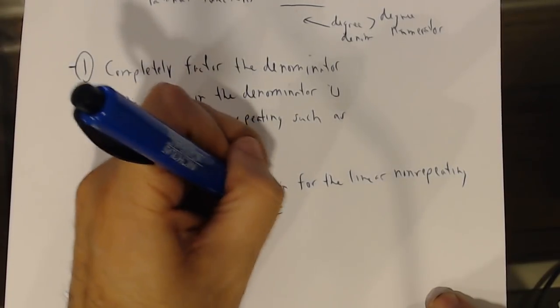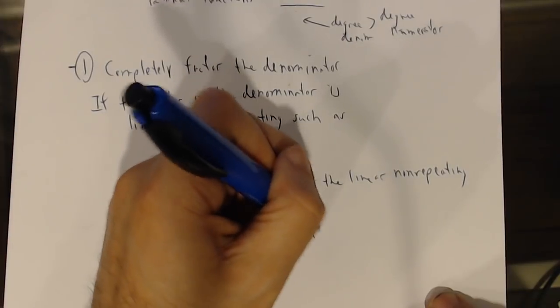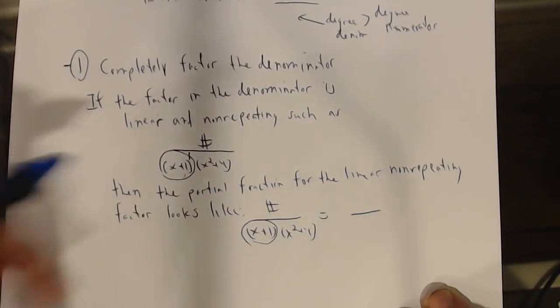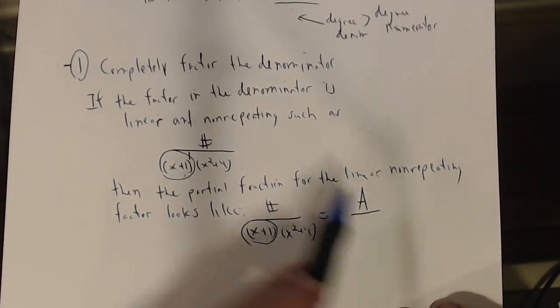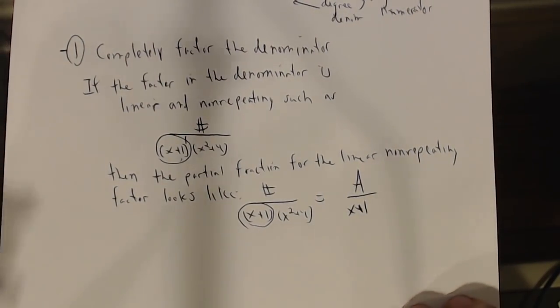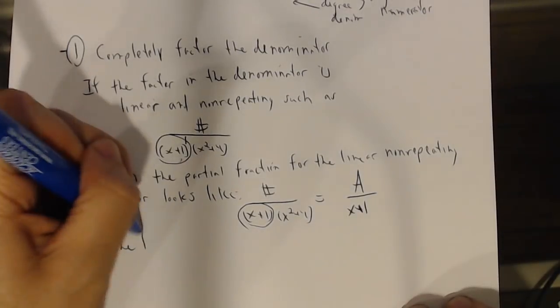So if I have number over x plus 1 times x squared plus 4, then just for this part, it's going to be A, which is the constant we need to find, over x plus 1.